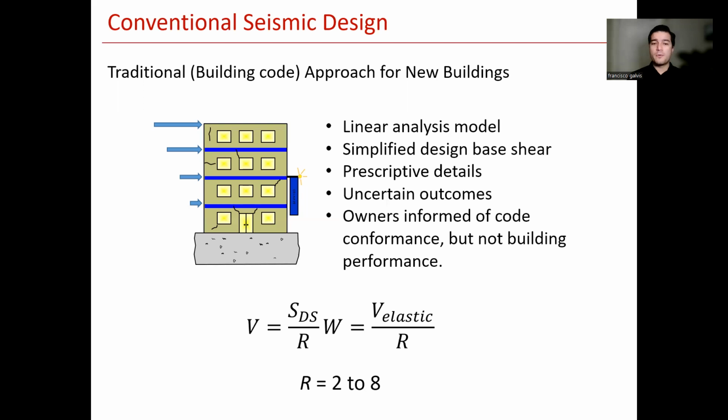All of this design approach heavily relies on prescriptive rules that have been carefully calibrated over the years with the design of multiple buildings and the learnings we have gained as a profession from multiple earthquakes that have happened in the past.